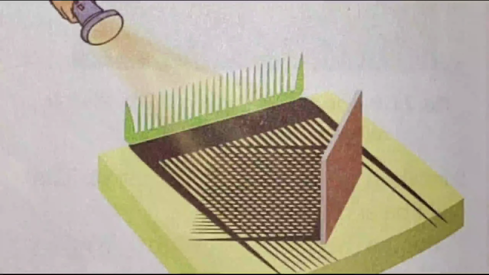Keep this in sunlight or send a beam of light from a torch through the comb. What do you observe? Do you get a pattern similar to that shown in the figure? This activity gives us an idea of the manner in which light travels and gets reflected from a mirror.